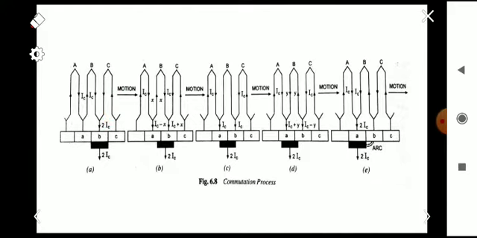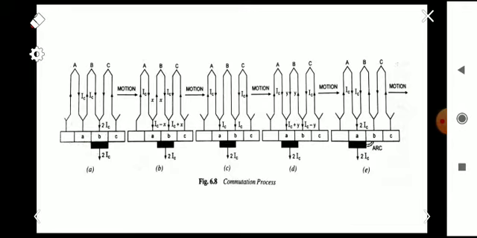Here the current passes through coil A and goes to coil B. There is a connection to commutator segment A, but the brush is not in contact with segment A, so the current will not flow through the external circuit.